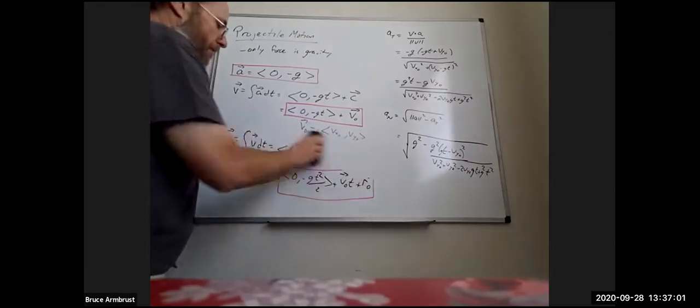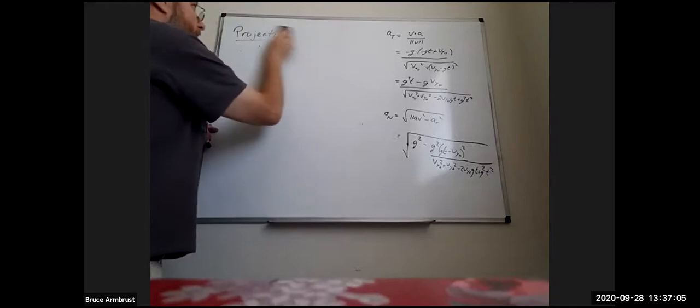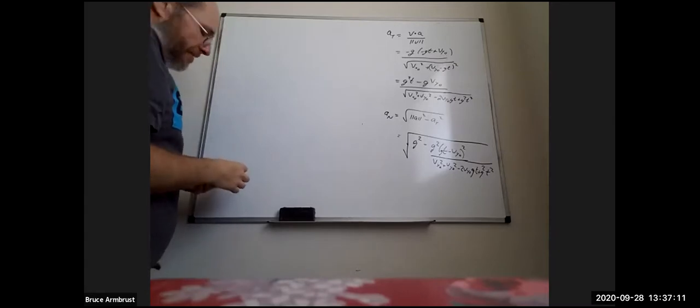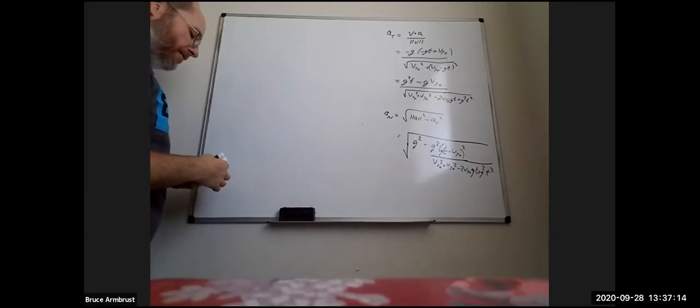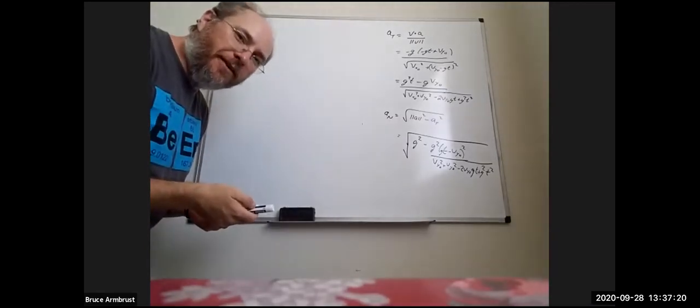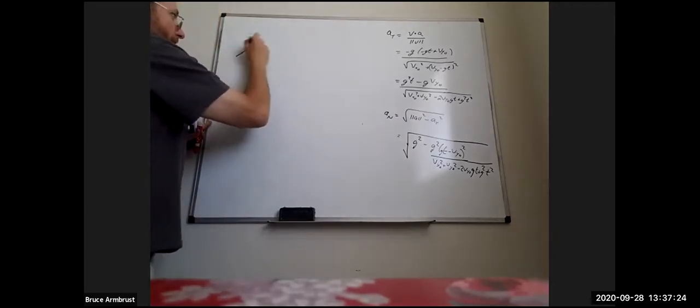All right, so let's say that we're going to be firing something at an angle of pi over 4 radians. Most books would say 45 degrees, but we don't play that. So we're going to go off at 45 degrees, so pi over 4 radians.